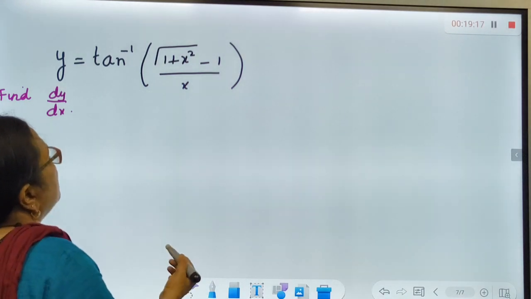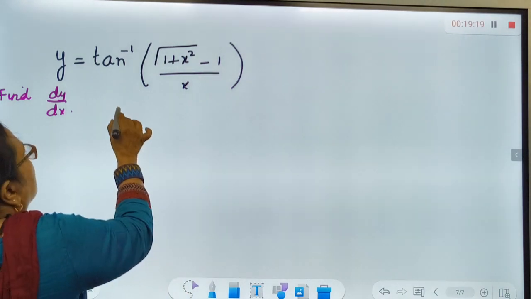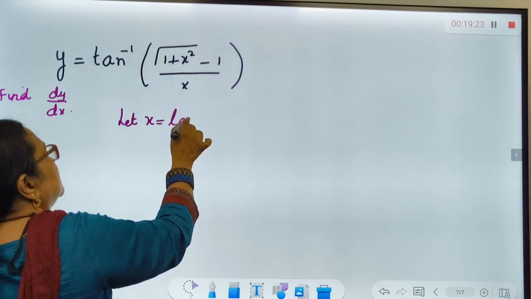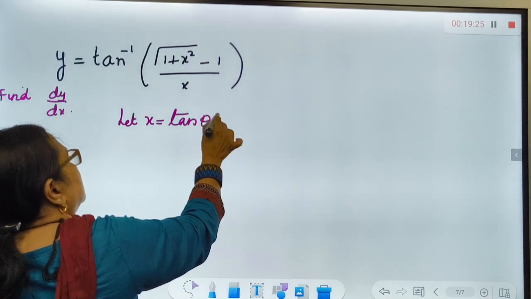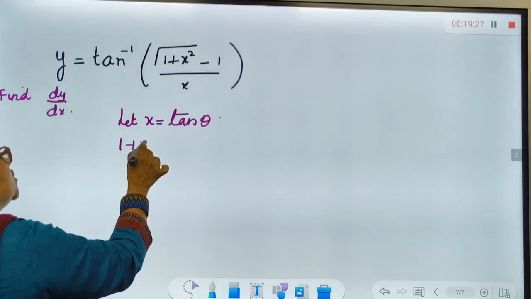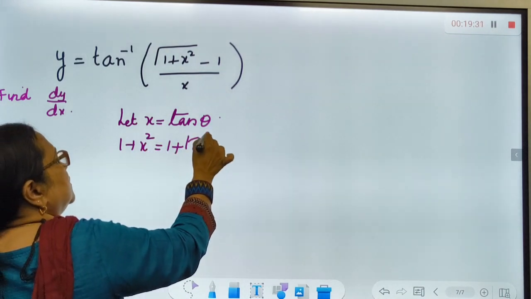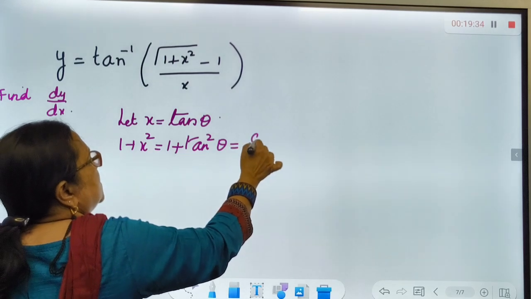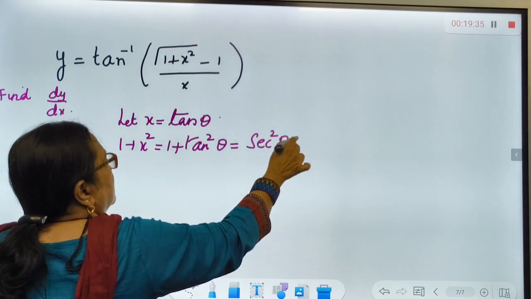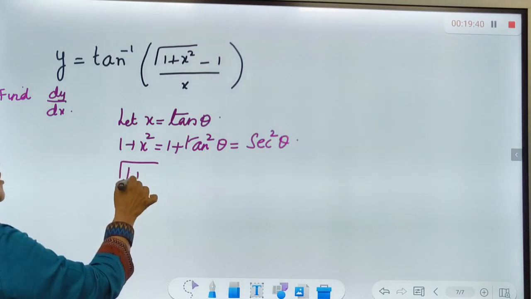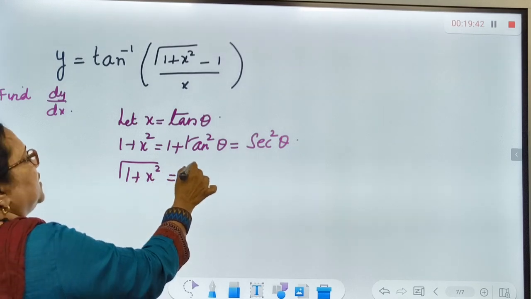So the natural substitution is, let x be tan theta. Then 1 plus x square will be 1 plus tan square theta, which is secant square theta. Root of 1 plus x square will be secant theta.